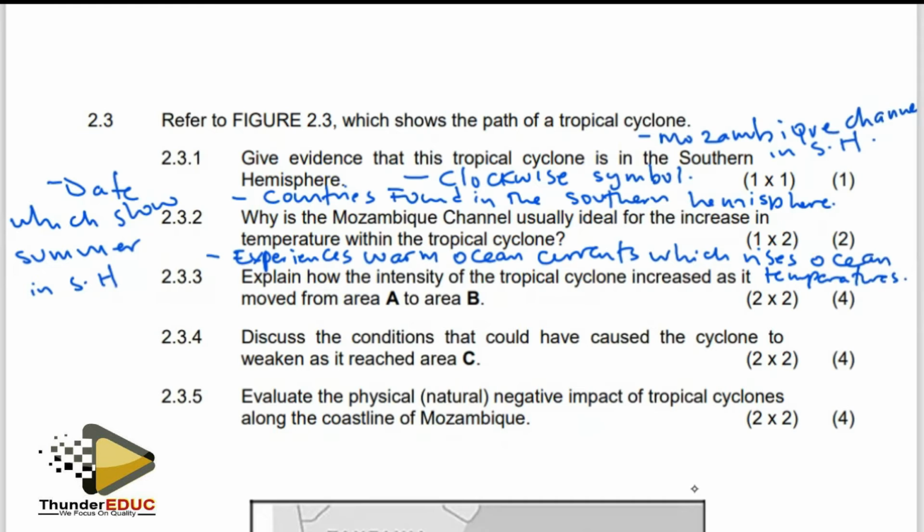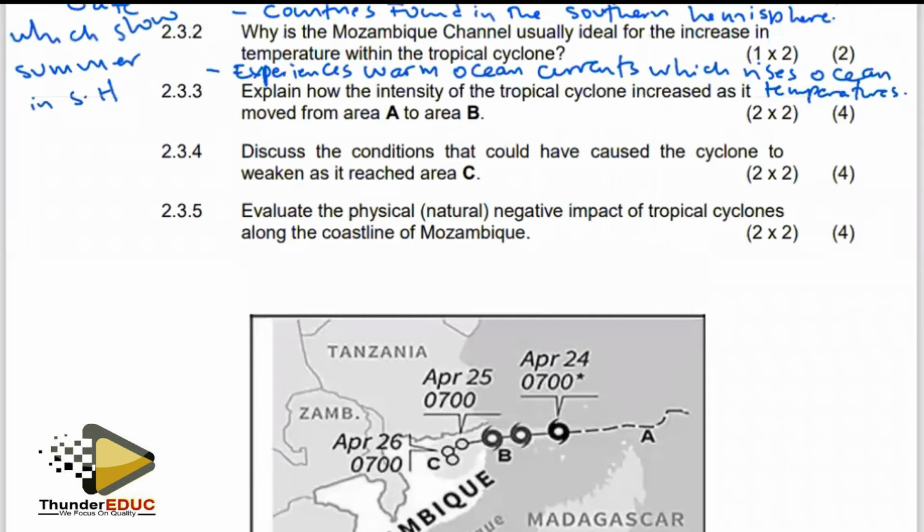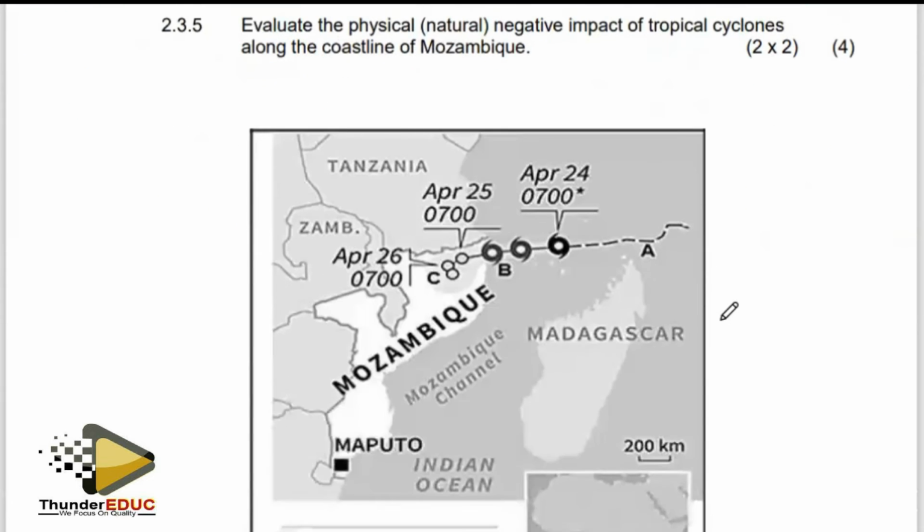2.3.3, explain how the intensity of the tropical cyclone increased as it moved from area A to area B. You can see area A to area B. This is the Mozambique Channel.